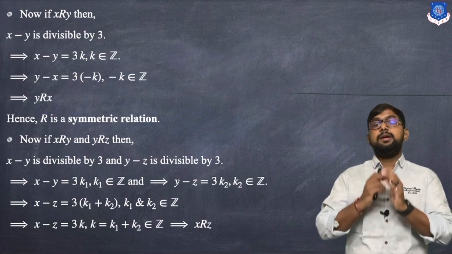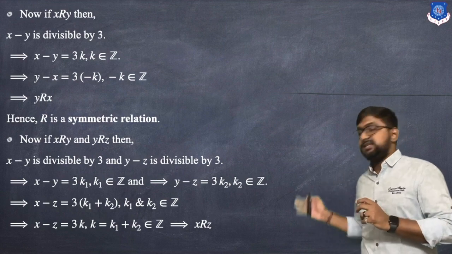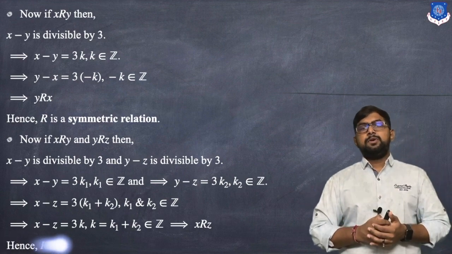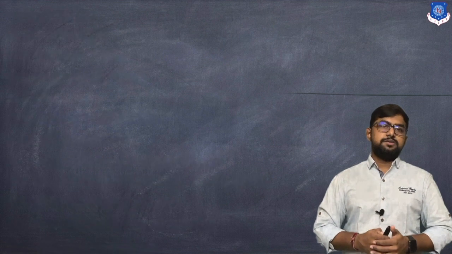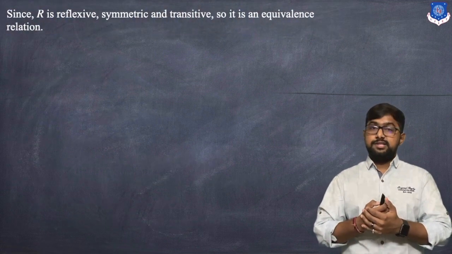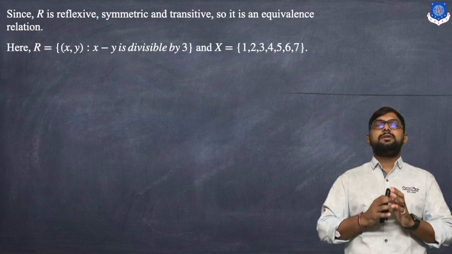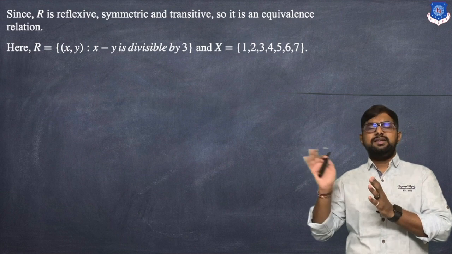And what does that mean? x minus z is divisible by 3, and hence x is related to z. So hence it is a transitive relation. Now see, it is reflexive, symmetric and transitive, so it is an equivalence relation. So hence here the R is this and X equals this.